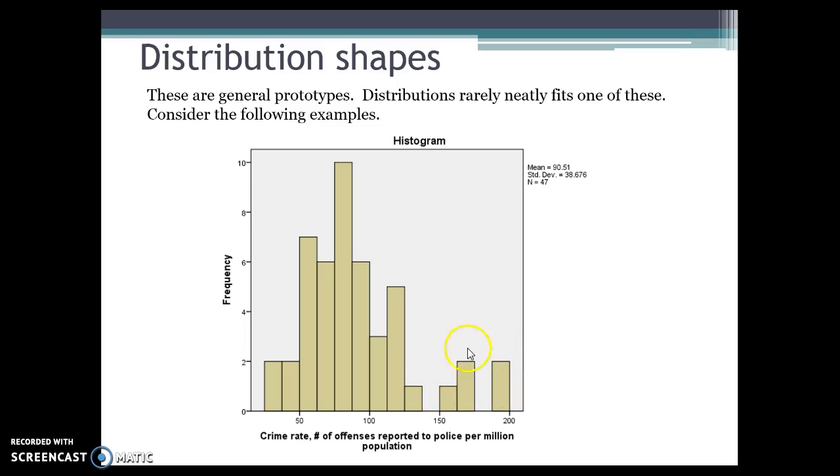If you tried to call that bimodal, I'm not sure I would count that wrong, but I wouldn't put too much stock in this tiny little bump here. Overall, I would say that's probably skewed to the right. And I try to be lenient when I'm grading these, so if you give something that's reasonable, that can be justified for the histogram that you're looking at, that's okay. But that one I would call skewed to the right.